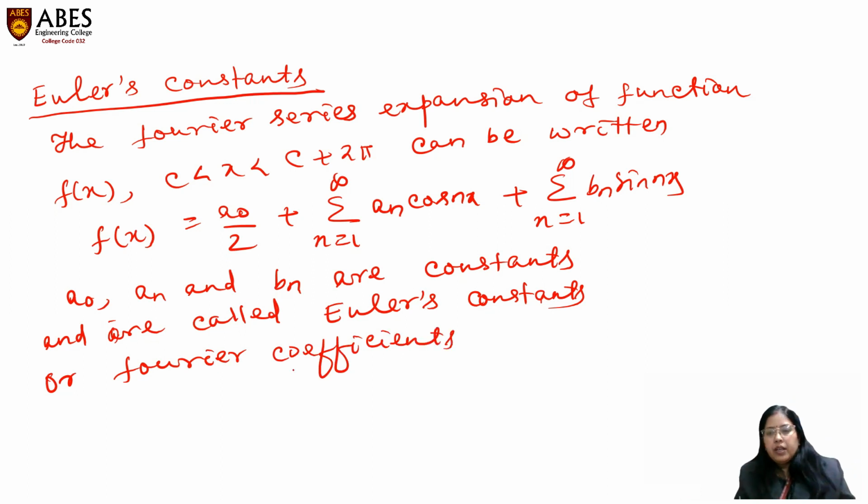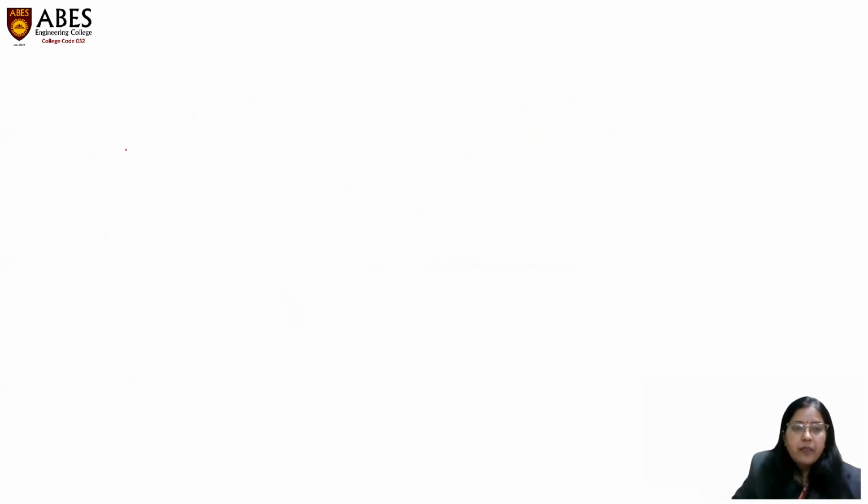Now, how to find out these constants? Because if the function f(x) is given to you, we need to find the values of a0, an and bn to represent the function in terms of Fourier series. So how do we find out the Fourier coefficients or Euler constants?